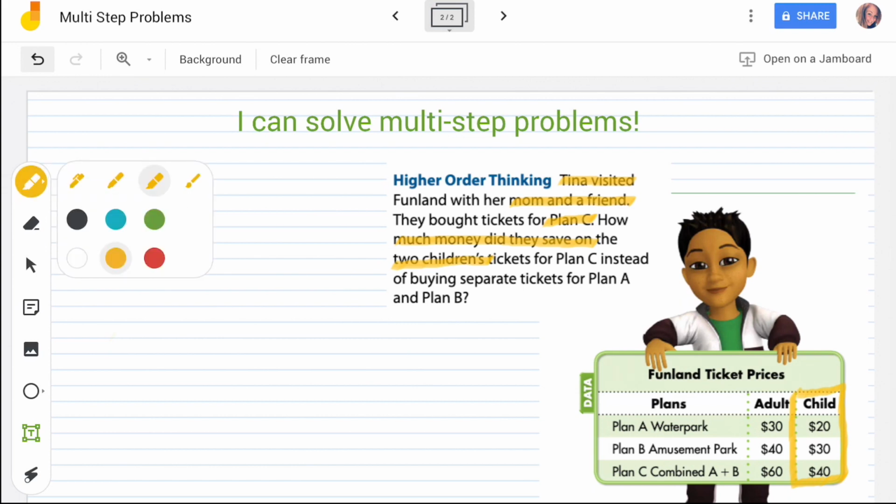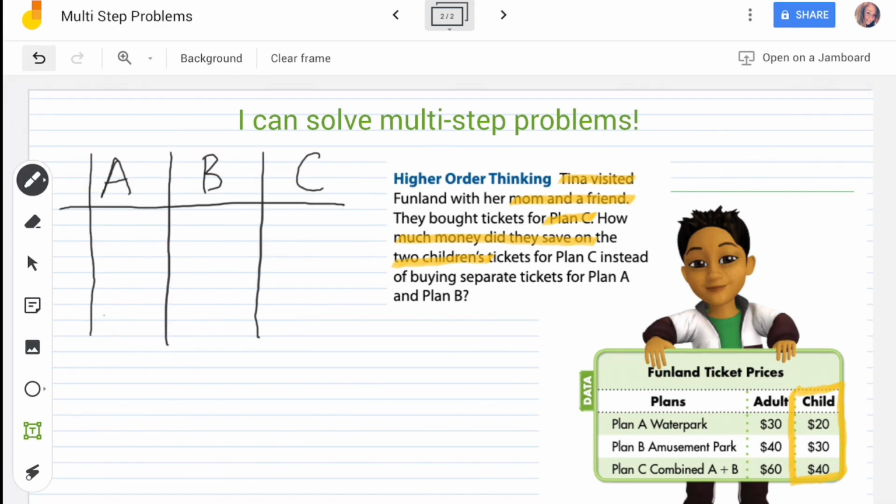So let's start to set that up. I know that I'm going to have Plan A, Plan B, and Plan C. And I have Tina and her friend. I'm going to need to figure out first how much money they spent on Plan C for 2 children's tickets.